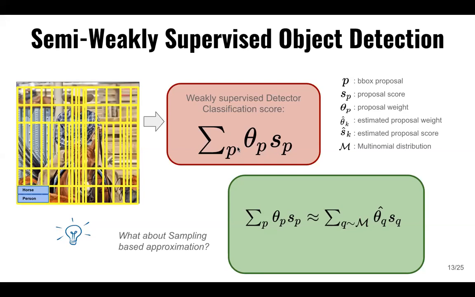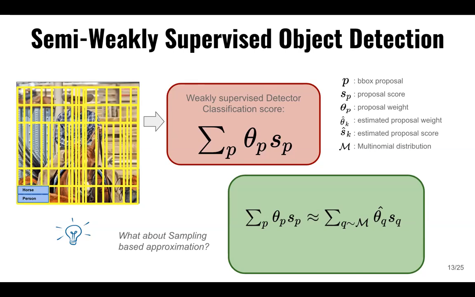Now assume that I have this Q distribution, which here is basically obtained from this accumulated score of the object proposals. So what I see is that if I can estimate this ratio of densities, then I can sample from this Q distribution and approximate these scores, which is what the weakly supervised detectors are optimizing.